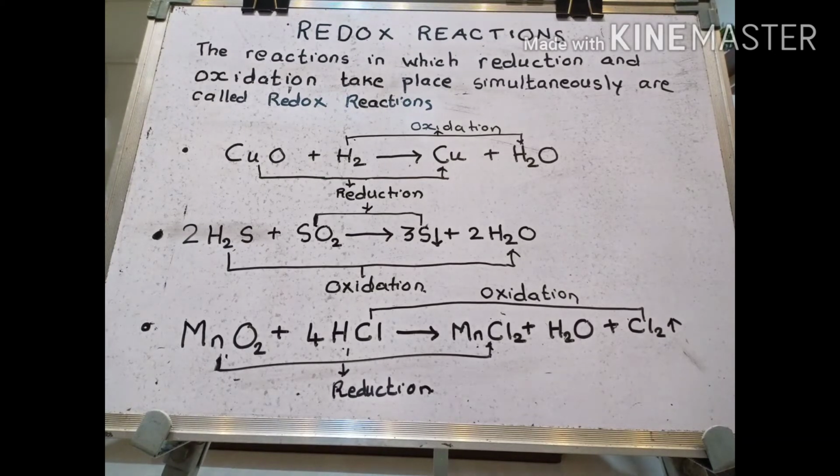So in this reaction, manganese dioxide reacting with hydrochloric acid, what is happening over there? You can see the manganese dioxide losing oxygen, so it's a reduction reaction taking place over there, and you can see that in the hydrochloric acid hydrogen is lost, and by definition you know loss of hydrogen is called an oxidation reaction, right?